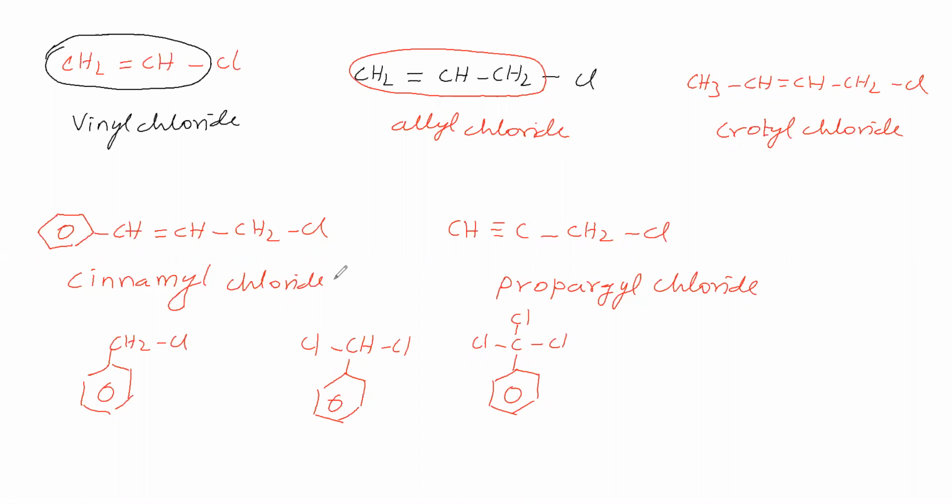Now what is the name, we'll see. Here the side chain carbon is having 1 chlorine, then 2 chlorines, then 3 chlorines. Now here, C6H5CH2 is called benzyl.